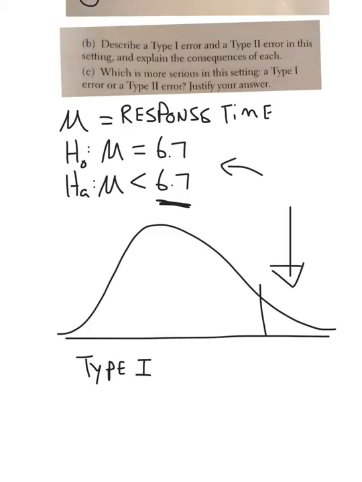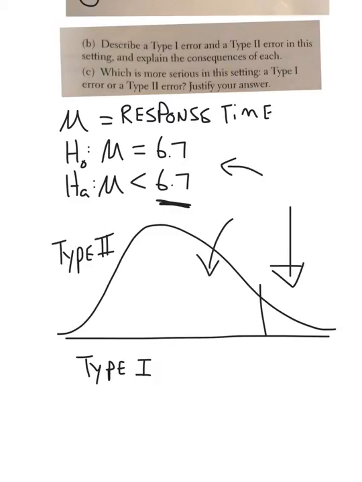So what about a type 2? Let's take a look at that. So type 2 is when we get a value that's in here, which says the value that we got for our sample would happen, say, 20% of the time.